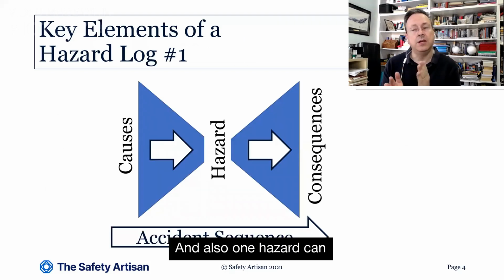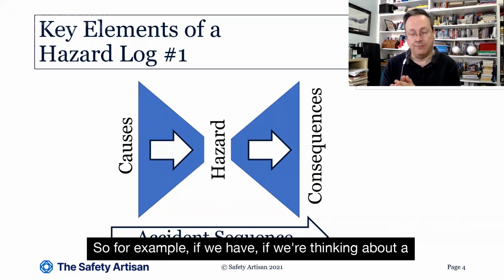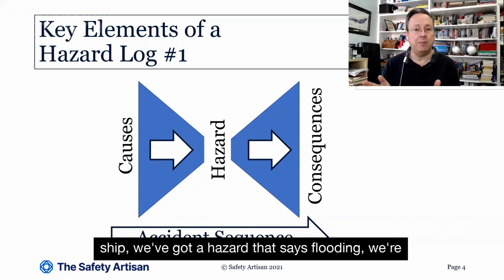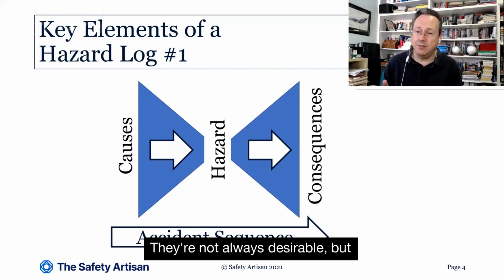And also, one hazard can lead to a number of different consequences. So, for example, if we're thinking about a ship and we've got a hazard that says flooding, we're getting water in where it's not supposed to be. They're not always desirable, but they're not always harmful either.